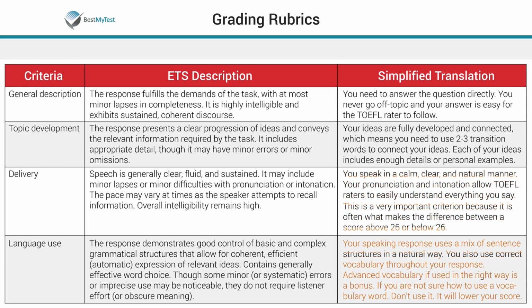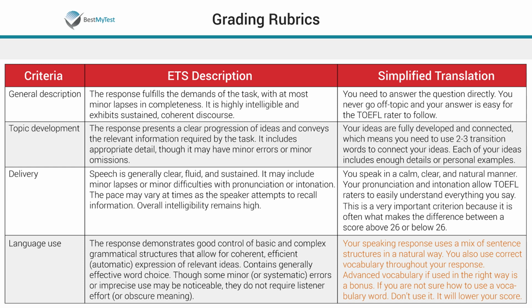All right, last but definitely not least is language use. You want to make sure that your sentences use different structures. You don't want to speak the same way all the time. That sounds like a robot. That's not natural. You also want to make sure you're using correct vocabulary. Like I said a moment ago, advanced vocabulary is great if you can use it correctly.